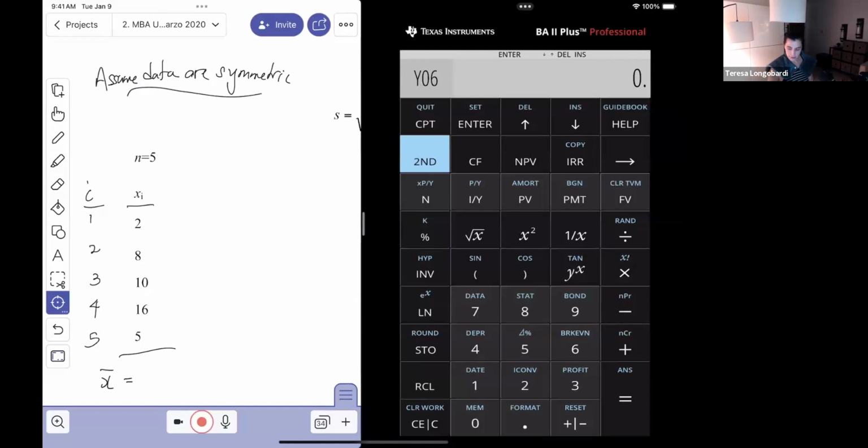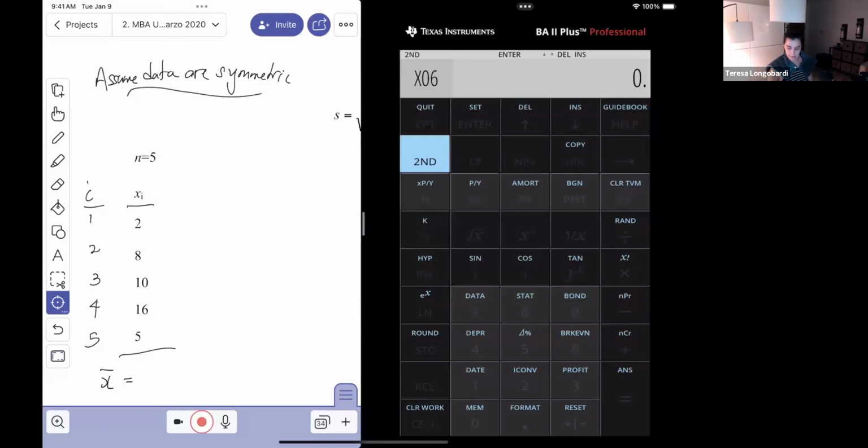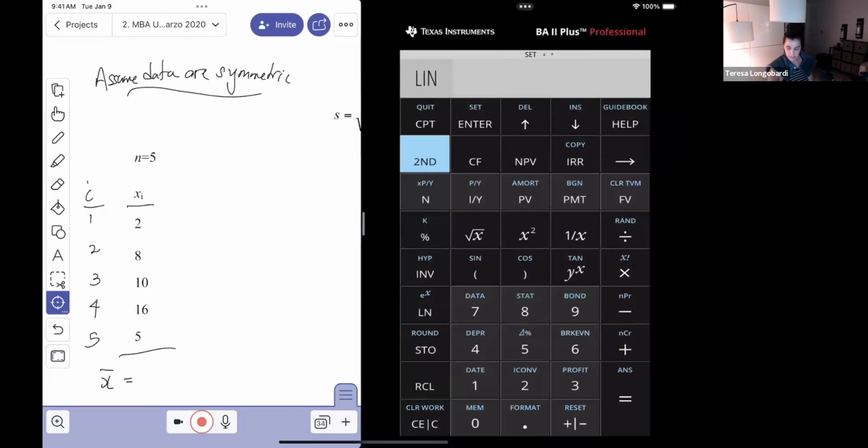Once I'm finished, I just review the numbers, 2, 8, 10, 16, and 5. So all the data is in there. And now I ask for the statistics. Second stat gives me the linear statistics. Scrolling down, n is 5. x̄ is my answer here.